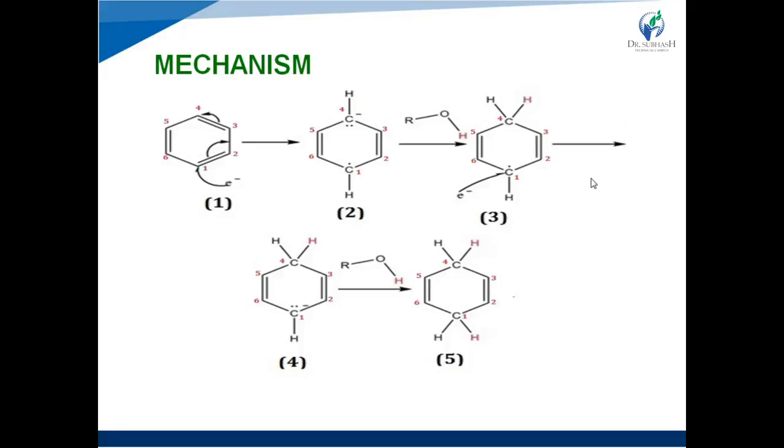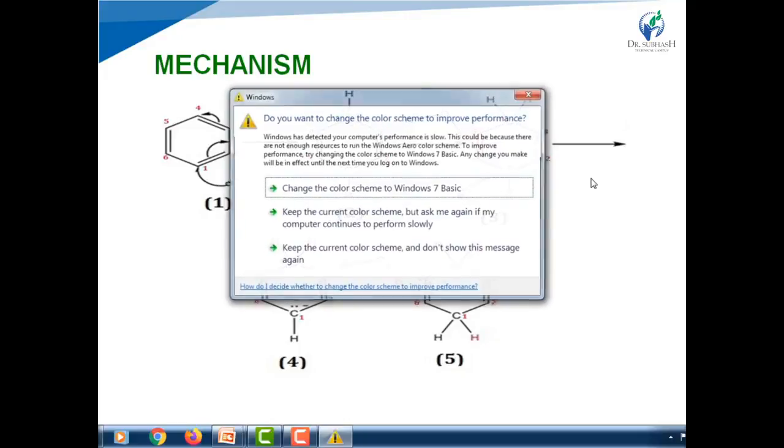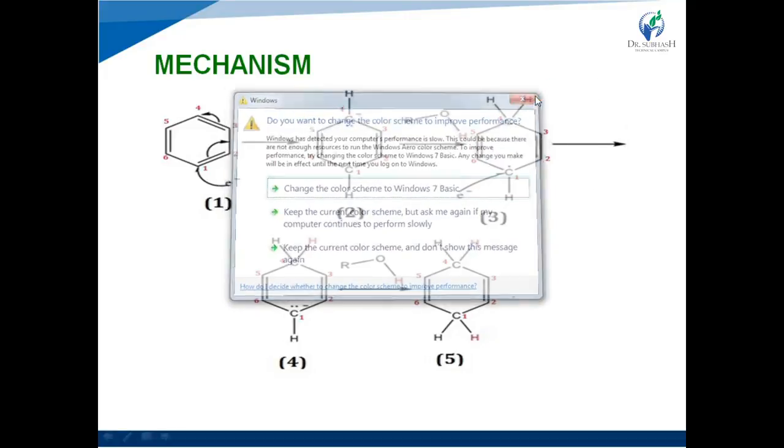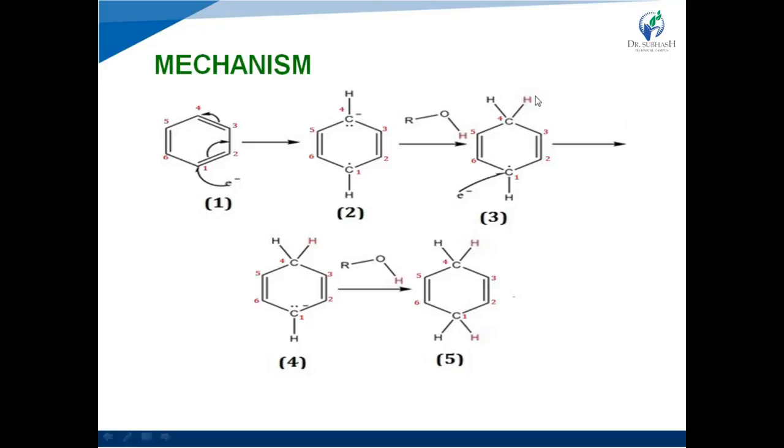Now see what happens on attack of the electron on the first carbon atom. The double bond between the first and second carbon moves between the second and third carbon as shown in the structure. Then subsequently the double bond between the third and fourth carbon is broken and the electron of this pi bond moves towards the fourth carbon atom and forms the second structure.